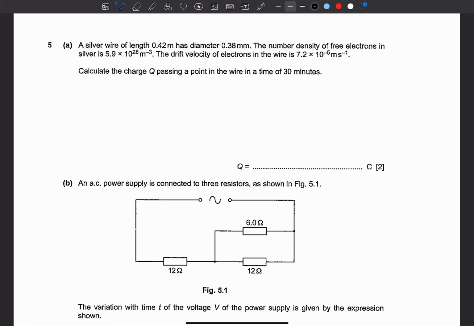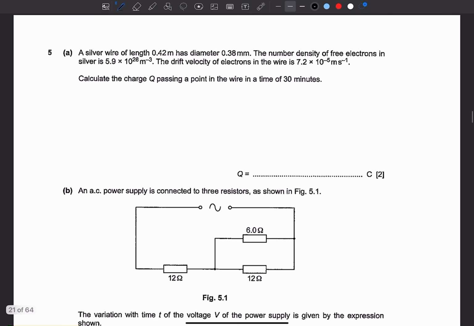A silver wire of length 0.42 meters has a diameter of 0.38 millimeters. The number density of free electrons in silver is given by that number. The drift velocity of electrons in the wire is 7.2 times 10 to the power minus 5 meters per second. Okay, so we have length L, we have diameter D, we have the number density, which is n, we have drift velocity.